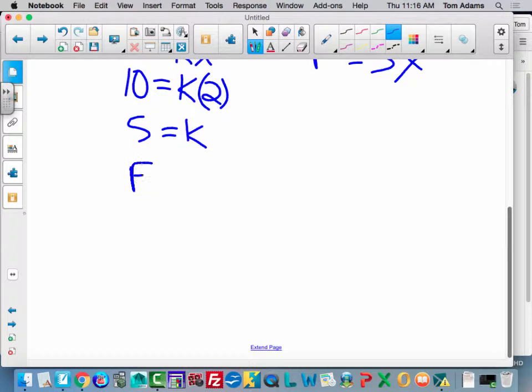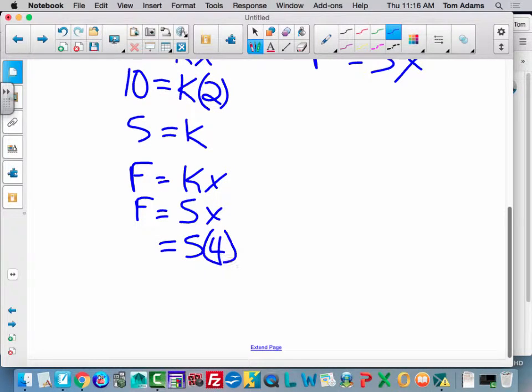Well, the force is equal to K times X, and in this case the constant of the spring is 5. So the force required would be 5 times 4, which would be 20 newtons. But what's the question they're asking us? Work. So I go from 10 newtons to 20 newtons.